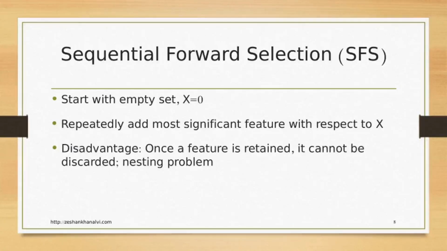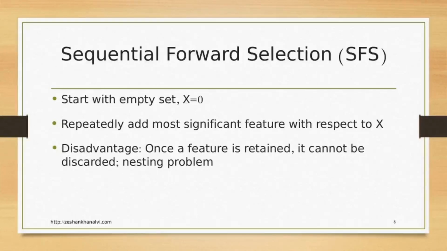For example, we start with feature 0, we have no feature, and then we add the feature that is the best individual feature. For example, we have n number of features and apply different algorithms to compute the accuracy of each independent feature, and then we add the best features one by one until we get the best combination of features, or we reach the maximum number of features we are going to use.